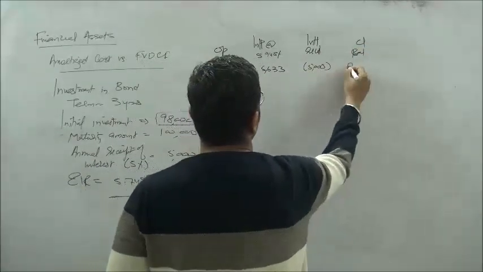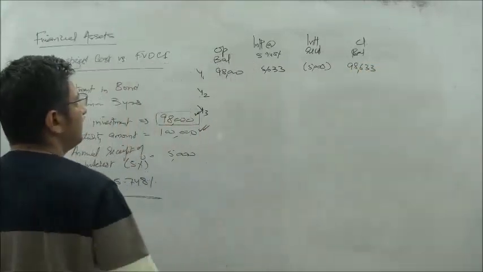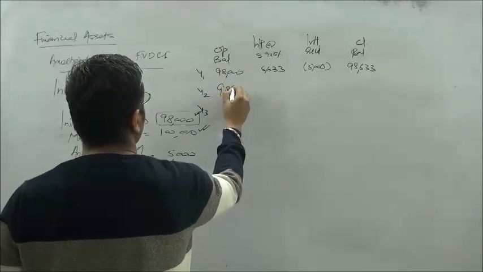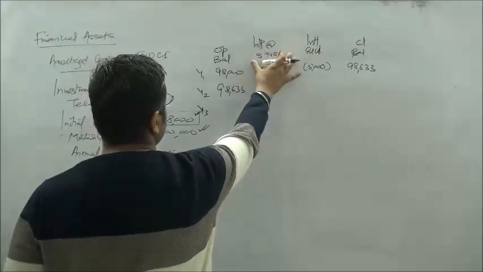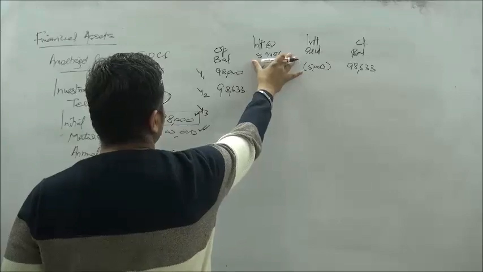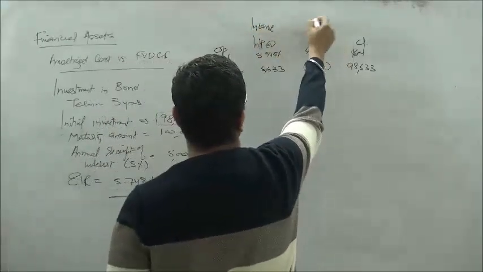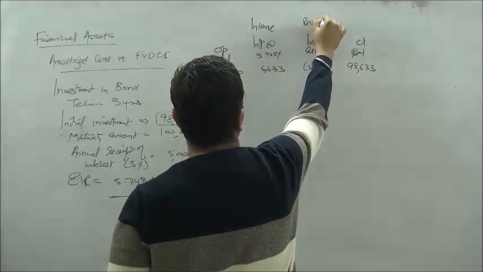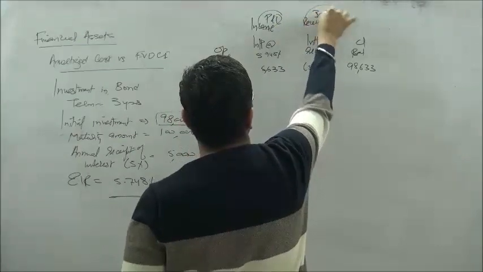Essentially I'm adding 98633 as my value. That becomes my opening value for the next year, and on that I calculate the interest income at 5.748. So this is my income, this is my receipt, this goes to P&L, and this goes to of course my balance sheet there.